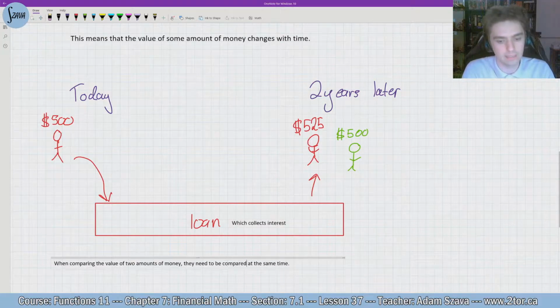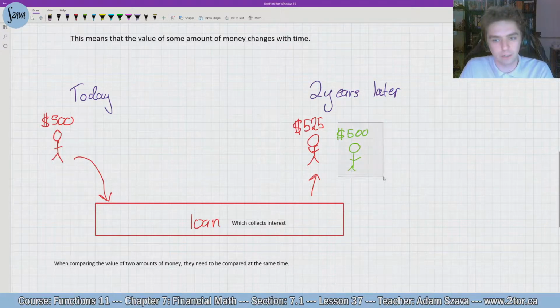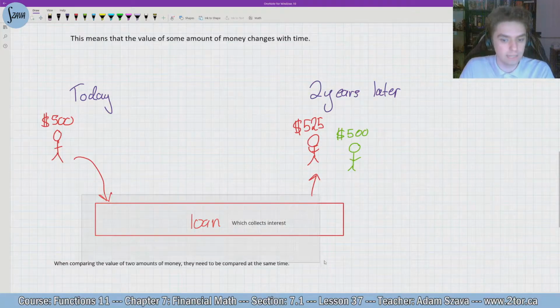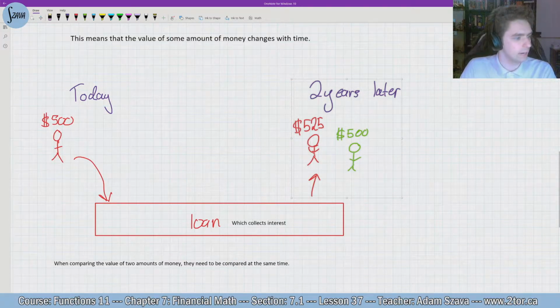Because having $500 today is not the same thing as having $500 2 years from now. This is because money can collect interest, and so being 2 years in the past is really an advantage, because then you can collect interest for 2 years before you're at this point. Okay, so that's the main idea about the time value of money.